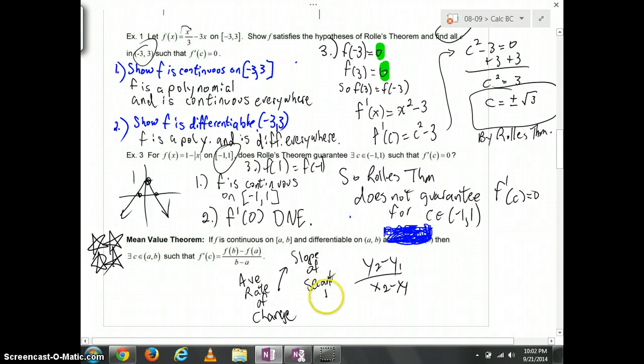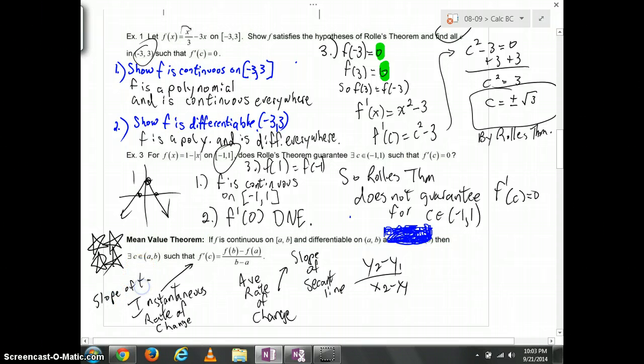By way of comparison, if we were to look at f prime of c, f prime of c is saying that we have an instantaneous rate of change. Forgot the t there. So it's an instantaneous rate of change. It's also the slope of the tangent line.